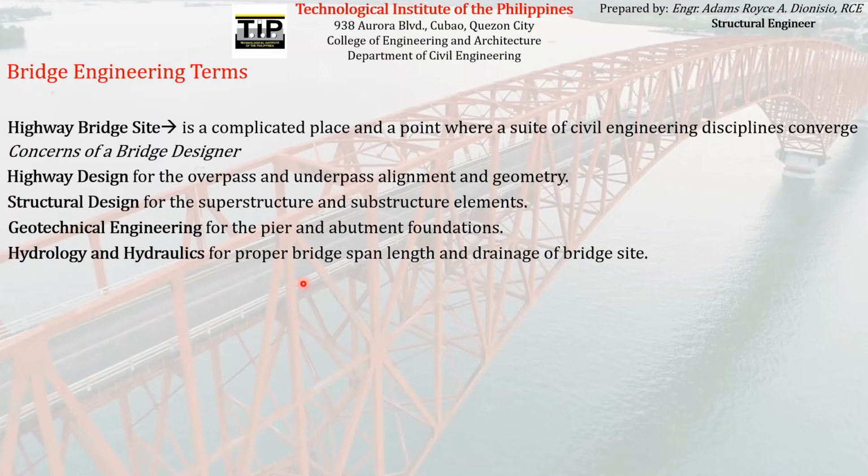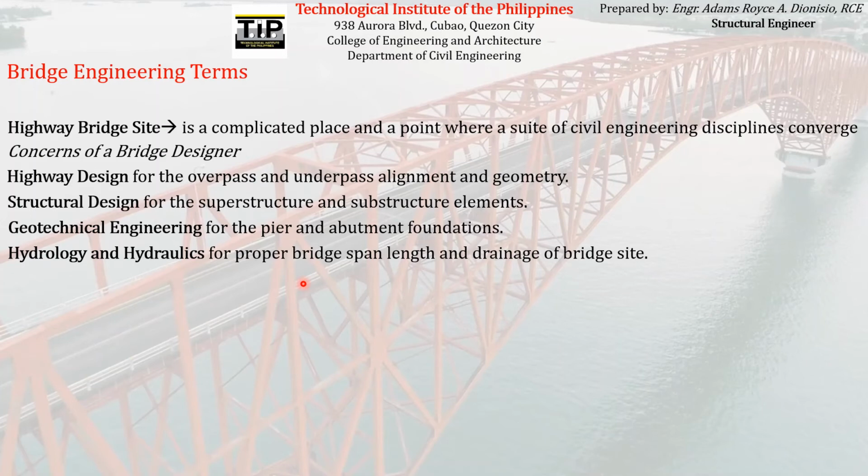Another concern of a bridge designer is the hydrology and hydraulics for proper bridge span length and drainage of the bridge site. The bridge designer must ensure that there will be no ponding along the bridge, because ponding of water might be an additional load that must be carried by the bridge.